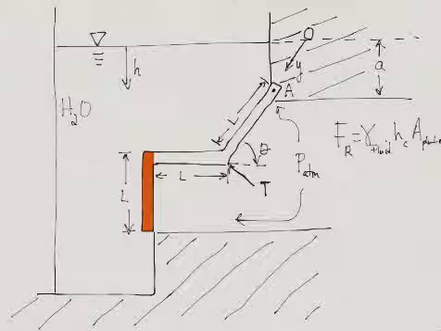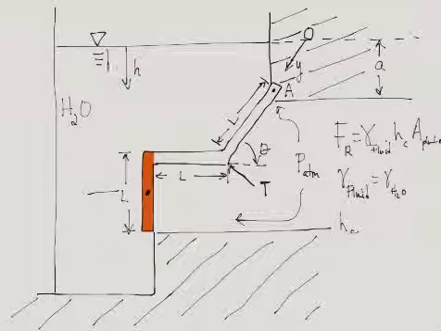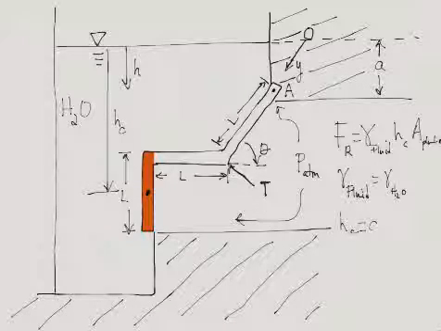Okay, so now the area, or HC, is going to be located here. So we know that gamma of the fluid is just gamma H2O. And now we know HC, which is going to be here. It's going to come all the way down to this point. HC is equal to A plus L sine theta, based on the same thing that we did before. So here's our L sine theta.